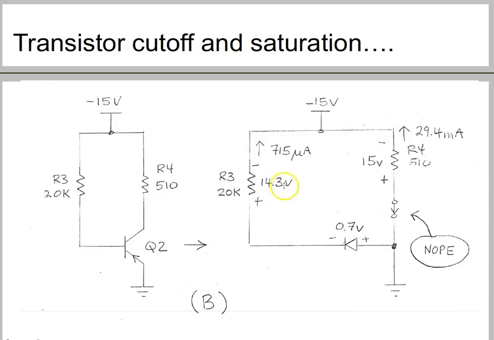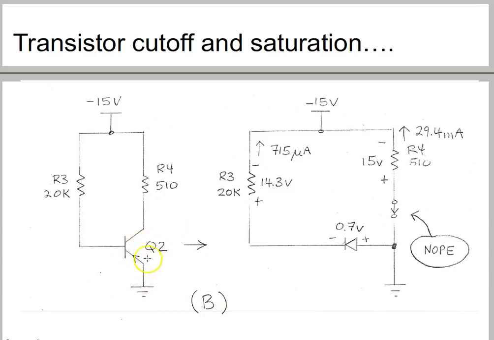Here the base emitter diode is forward biased. So there is 0.7 volts across it, and that leaves 14.3 volts across R3. One thing to notice here is that this is a case of a PNP transistor.